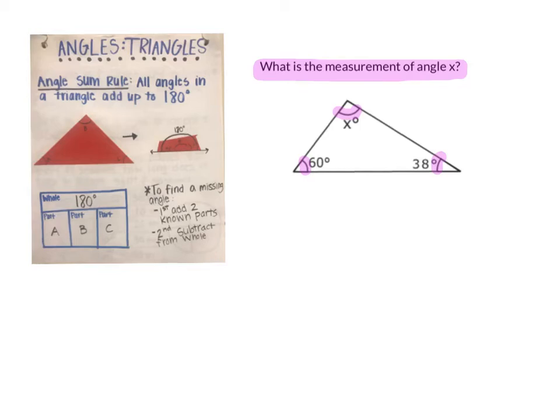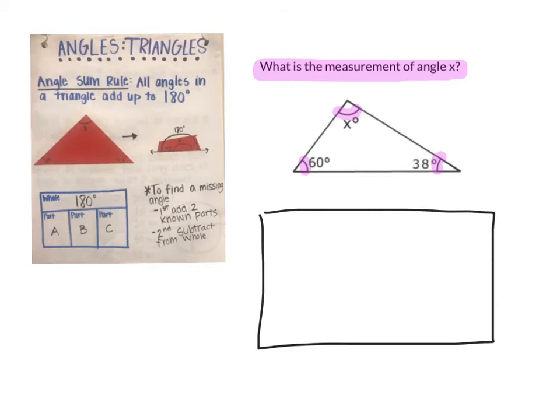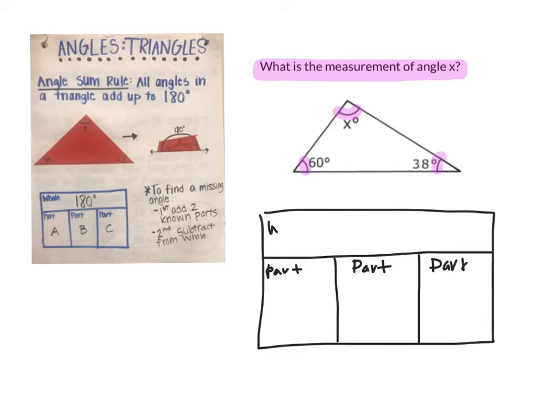The next thing I want to do is draw my part whole chart. So we know that we've got 3 parts here because our triangle has 3 angles. So that's how we know to draw 3 parts. Part, part, part, and our whole.